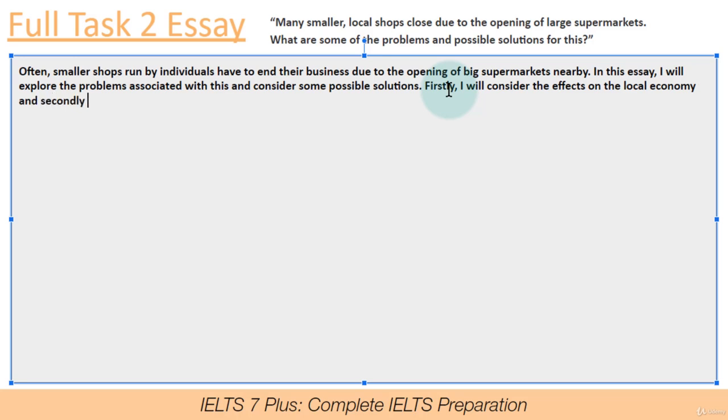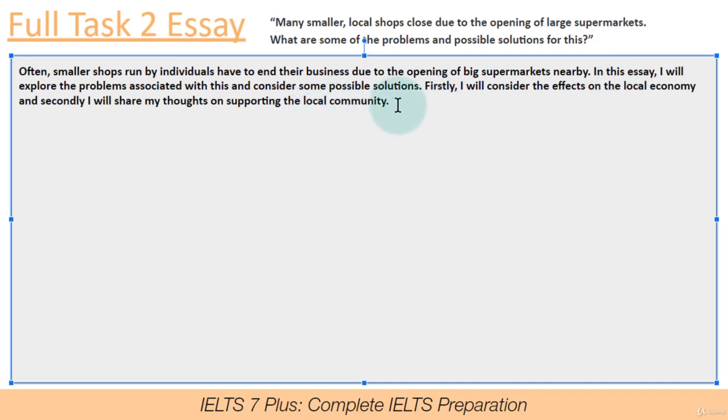And secondly, I will share my thoughts on supporting the local community. Okay, so that just gives us a bit of an idea. So we have this local economy, which was the fair trade and buying local, and then we have the local community.